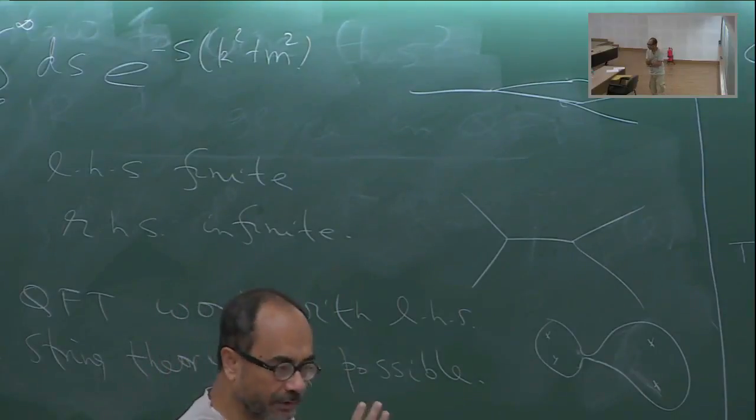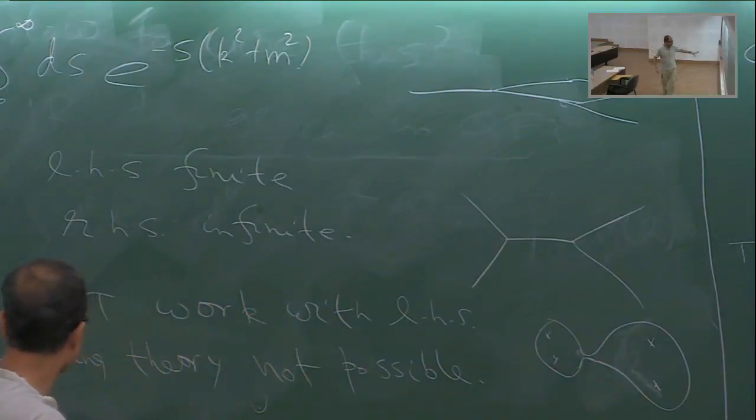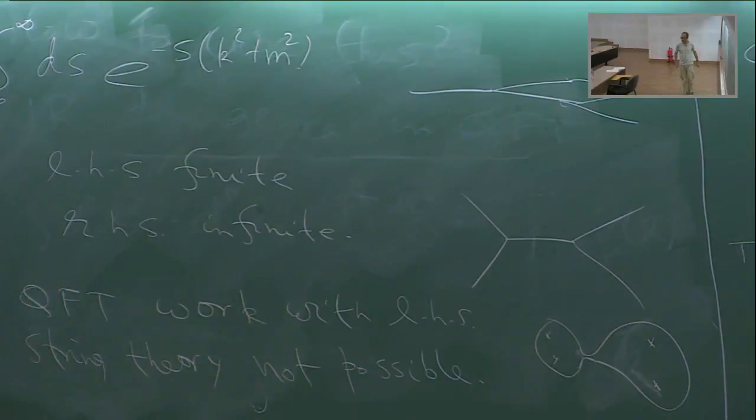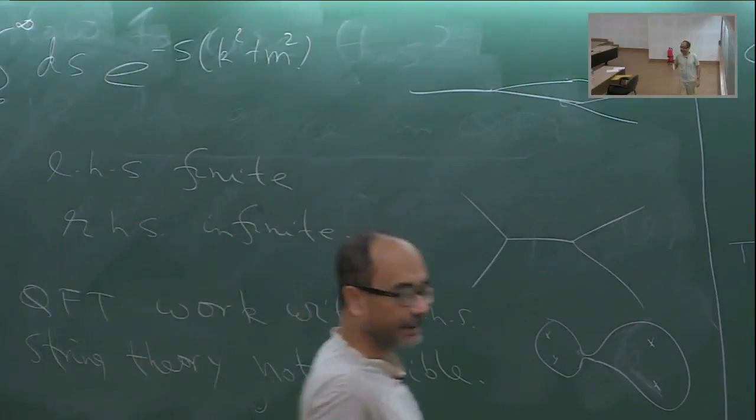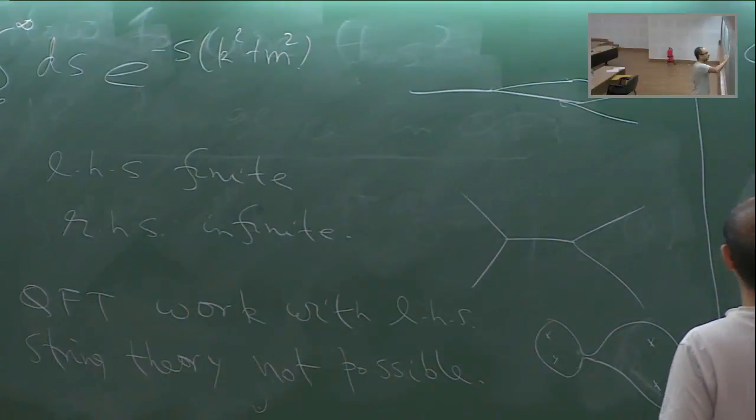Here also there is a remedy that I'll discuss. In the Schwinger parameter representation also this can be repaired, and that's what I'm going to discuss now. So this solution doesn't exist in string theory, but there is a second solution in quantum field theory. Well, Feynman parameter will be the third solution, but we don't want to use Feynman parameter.